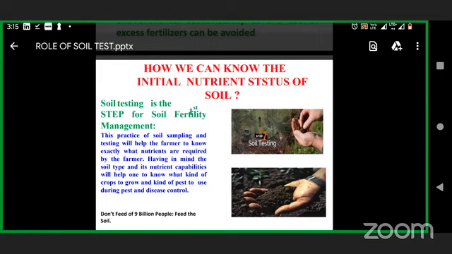Therefore, we should keep in mind that whenever we take a sample for soil testing, the samples should be from different sites, to maintain a homogeneous representation of our heterogeneous soil.